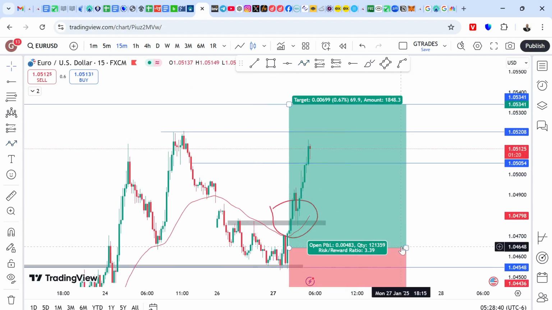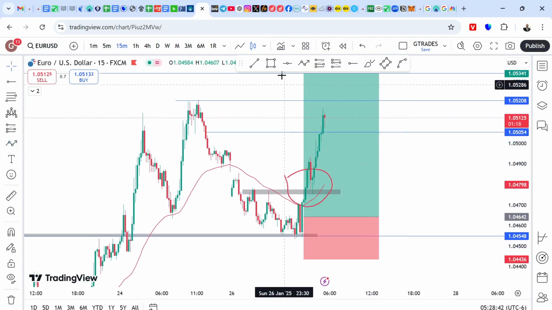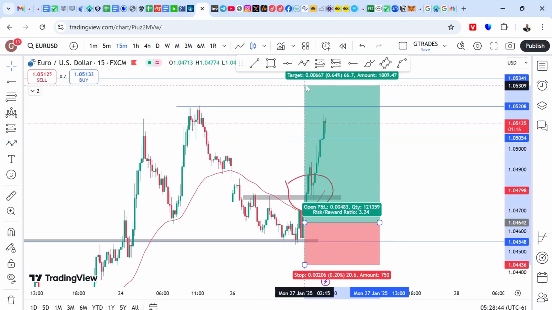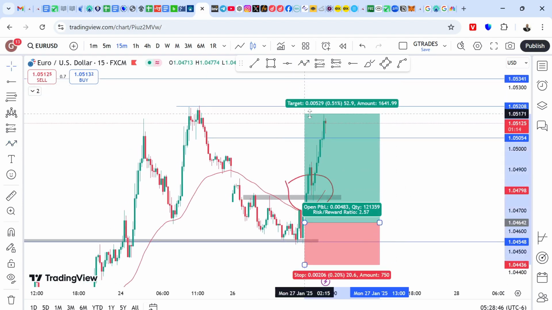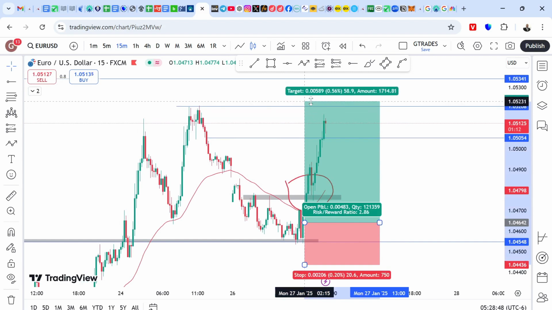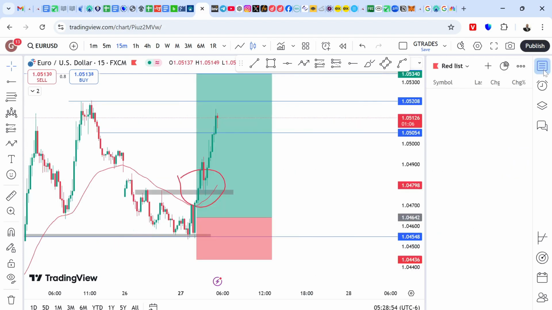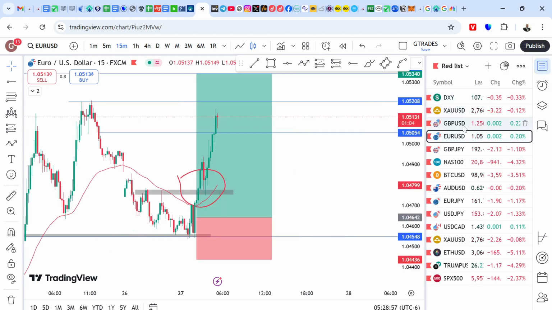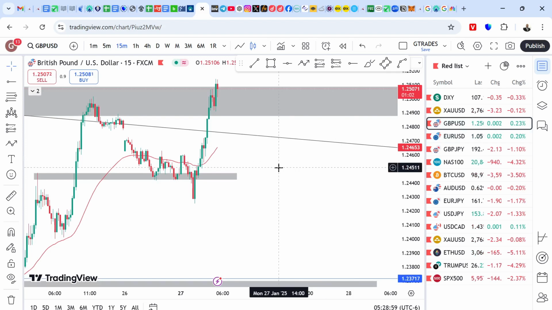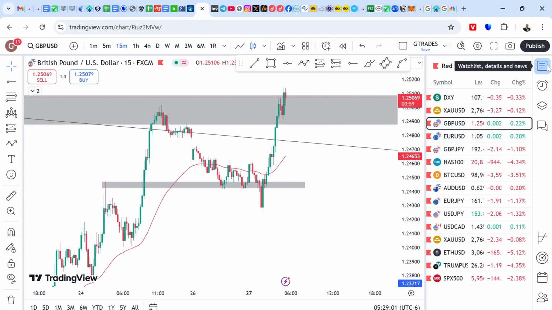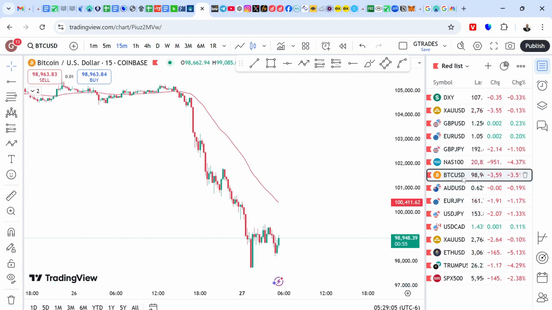And as I speak to you, we've done over 1:2, and right now price is heading towards this direction. This is 1:2.5, and price is coming over here, which is 1:3.4. So this is a very simple way you can enter on any trade, be it gold, be it currency pair, be it Bitcoin, whatever it is that you are trading.